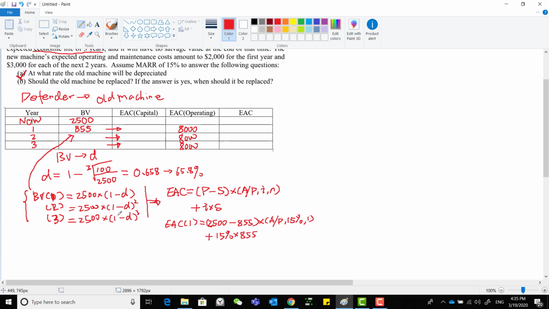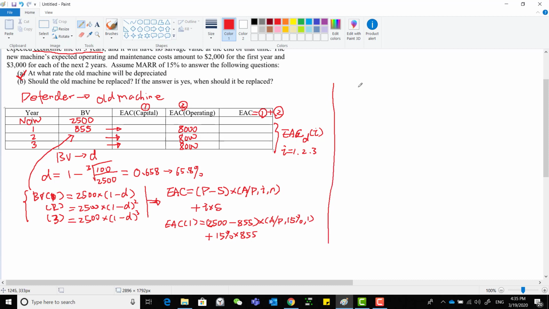This is our defender. After we calculate the EAC capital, we sum column 1 and column 2, so this column equals column 1 plus column 2. Then we get our EAC defender, where I equals 1, 2, 3. This is the calculation for the defender.